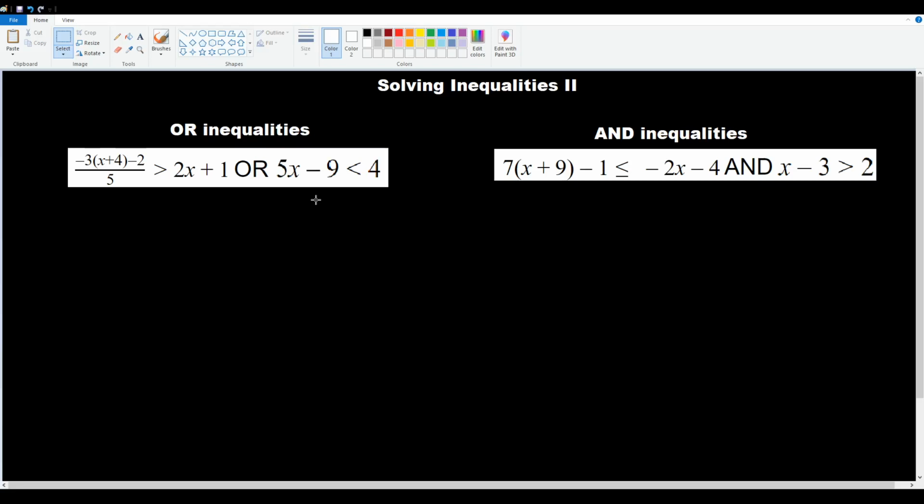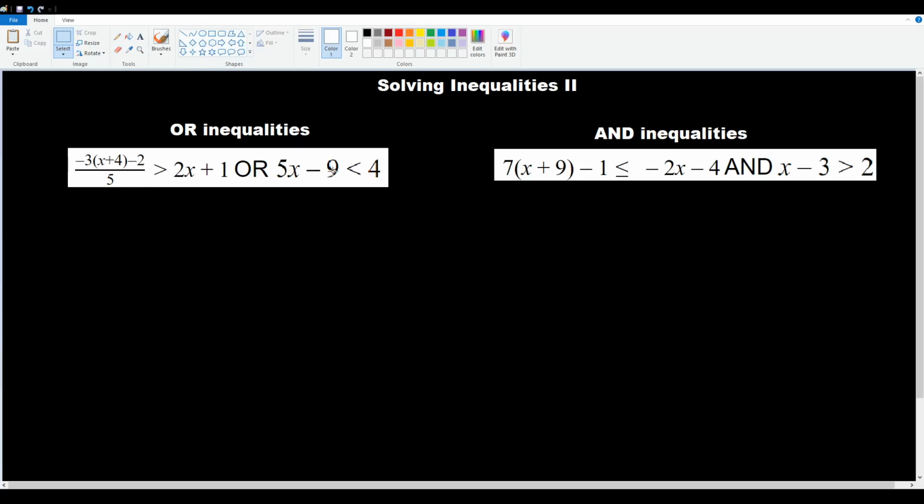The solution you pick has to satisfy at least one of the ranges of solutions. You'll see what I'm talking about when I solve it. For and inequalities, it has to satisfy both conditions at the same time, which will often lead to a very limited range of numbers, or sometimes even a very large range of numbers, depending on the problem.